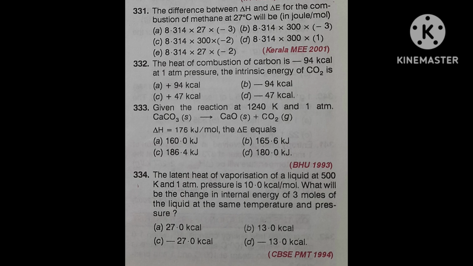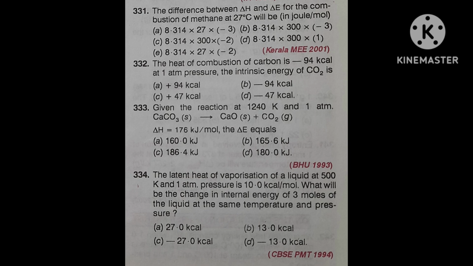This question was asked in the Kerala MEE exam. Again I am repeating the question. Just listen carefully. The difference between delta H and delta E for the combustion of methane at 27 degrees centigrade will be in joule per mole. You have to calculate.